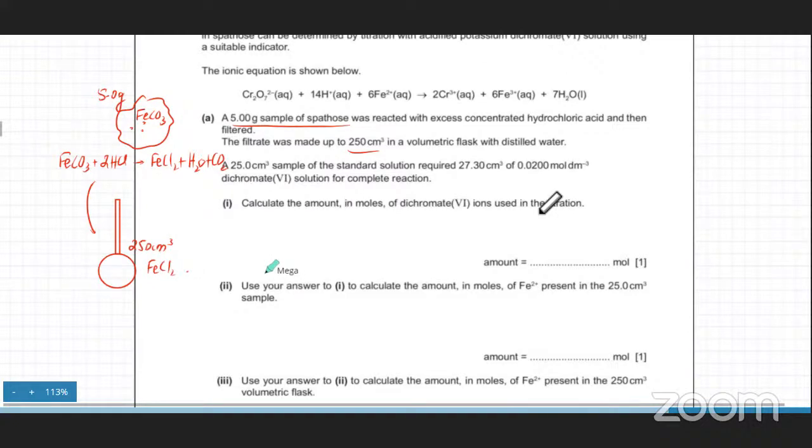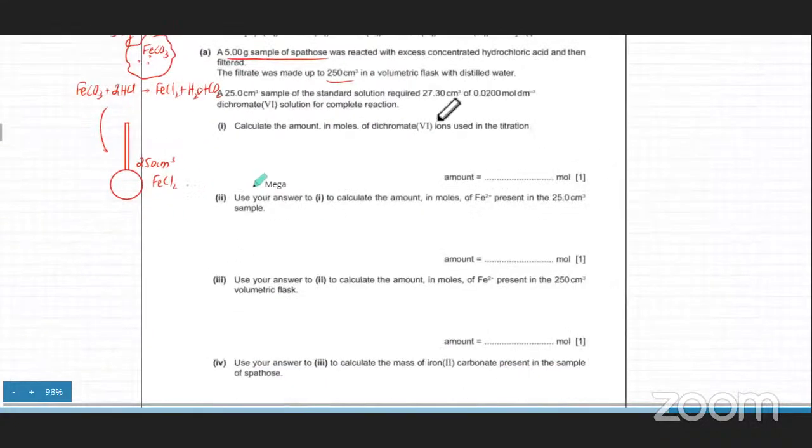Then they're taking 25 cm cube of this standard solution and titrating it with potassium dichromate 6. From this solution, they are removing 25 cm cube and putting it in a conical flask.